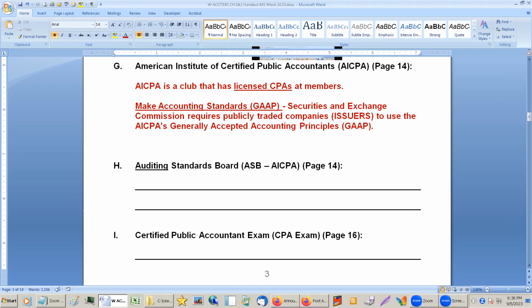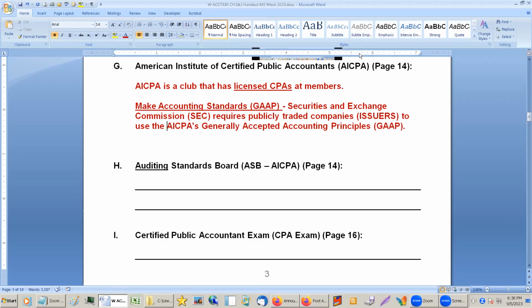So they make accounting standards. The Securities and Exchange Commission, SEC, requires publicly traded companies, issuers in our CPA suite, to accept their accounting principles.